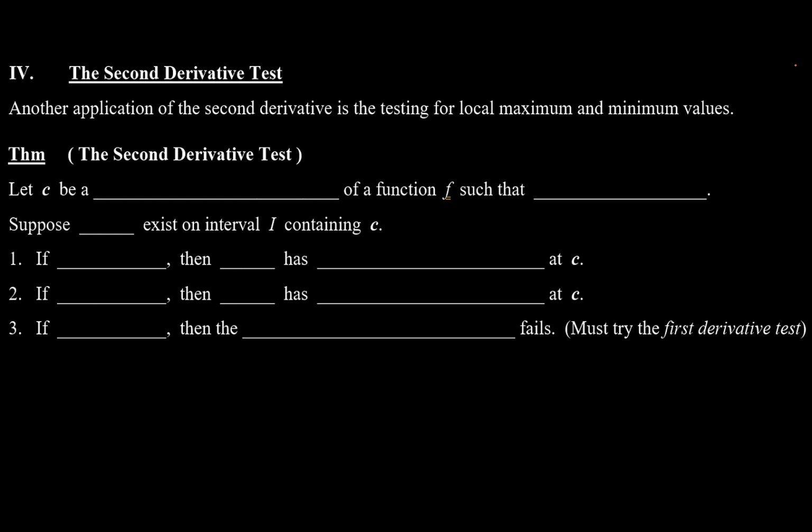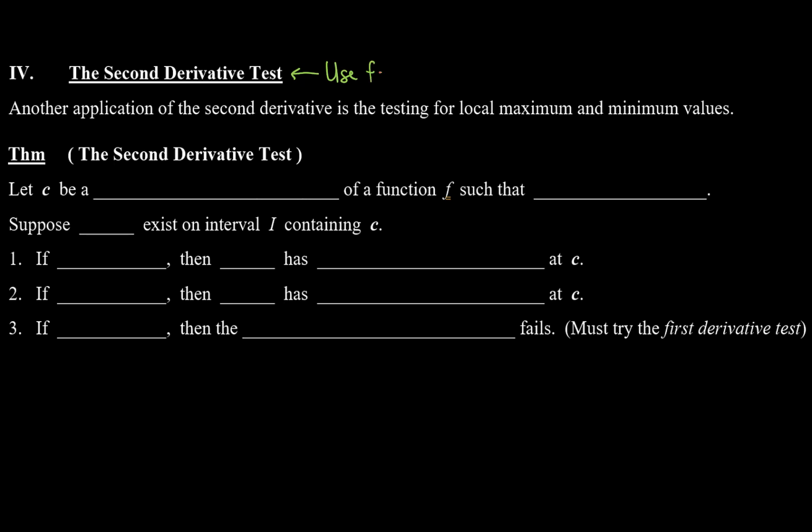All right, so let's look at the second derivative test. Don't be fooled by the name. I guess it's kind of well named, but you use it to find max or min stuff, okay?